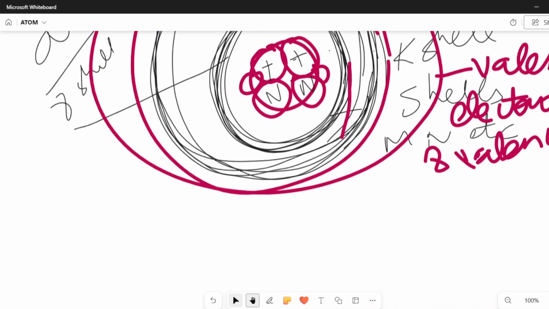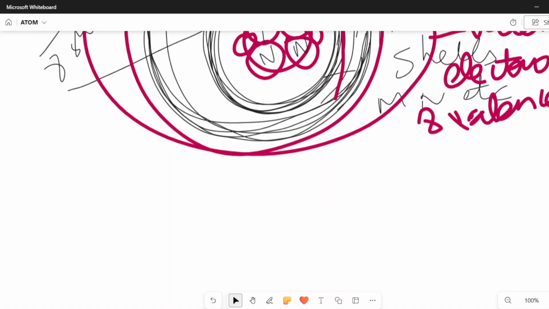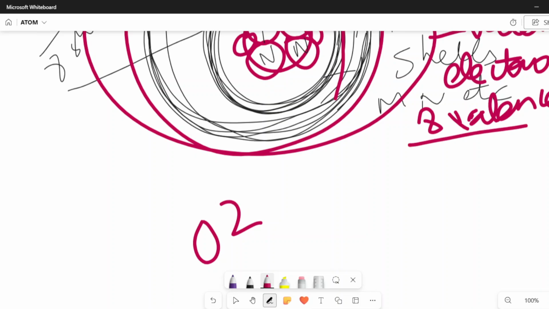For example, if you take oxygen, it is very unstable. Whenever it comes in contact with anything, it either burns or something happens. That's because oxygen does not have 8 valence electrons in its outermost shell. So oxygen is always present as O2.